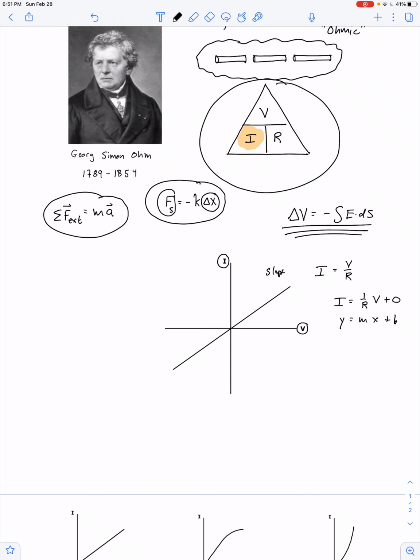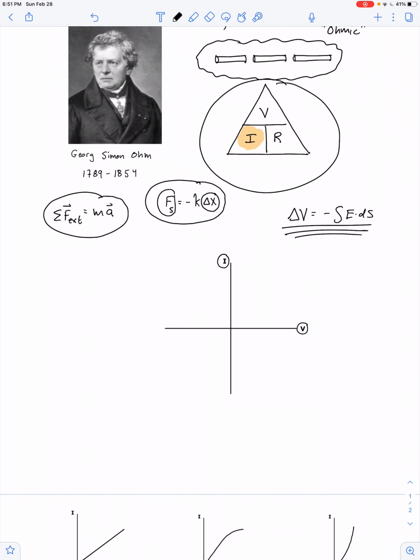Where the slope wouldn't be the resistance, rather would be the inverse of the resistance. Okay. That's as long as the temperature stays within a typical range.